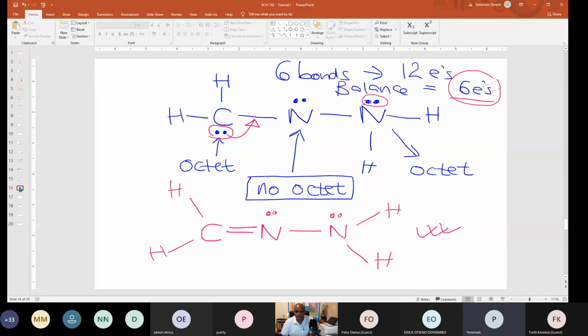Then when you have something left, since we have to use all of them, we go to the center and find which one needs electrons to have an octet, and give those electrons to that element. Okay, good. Thank you so much for the question.